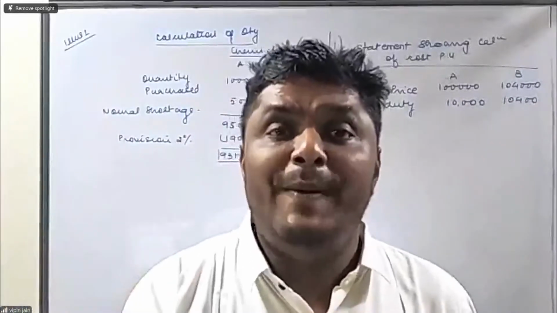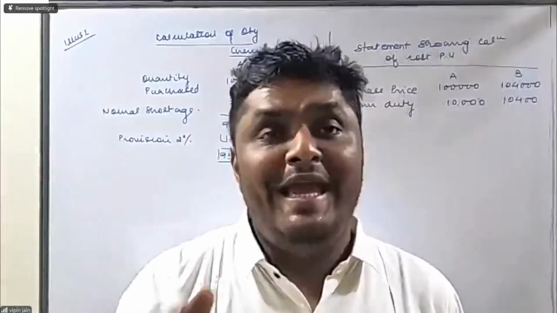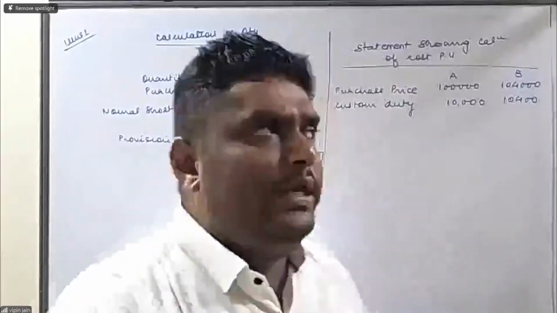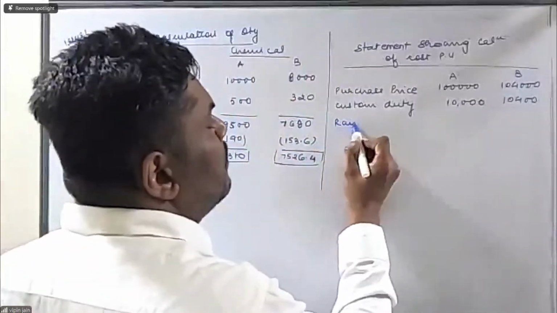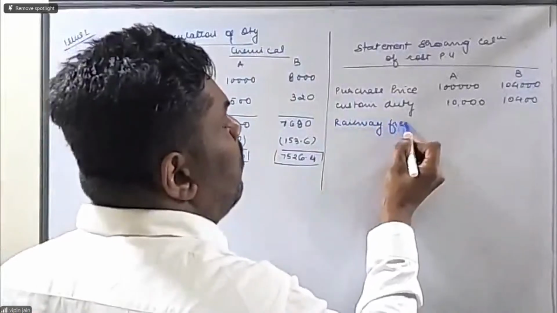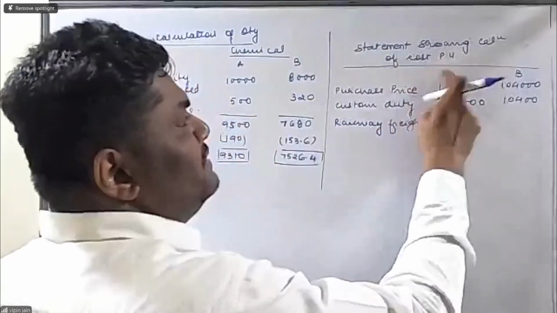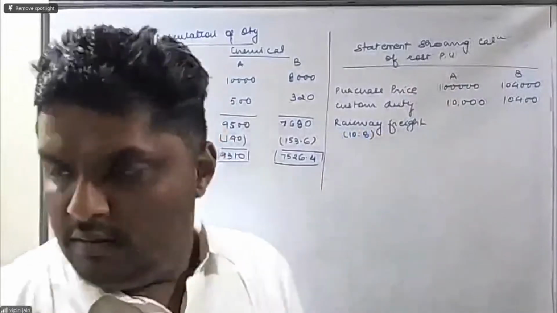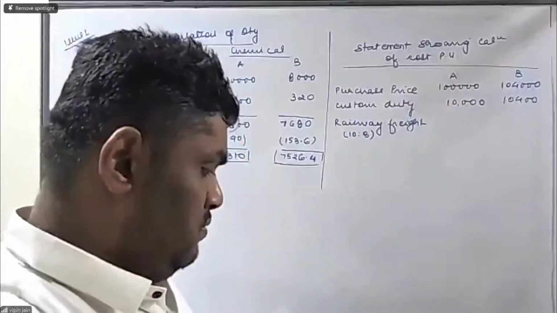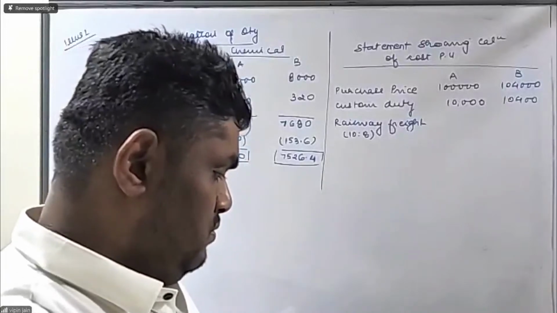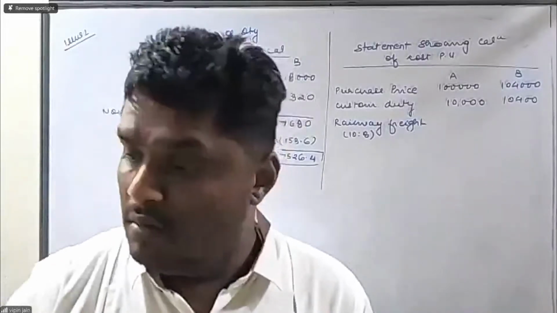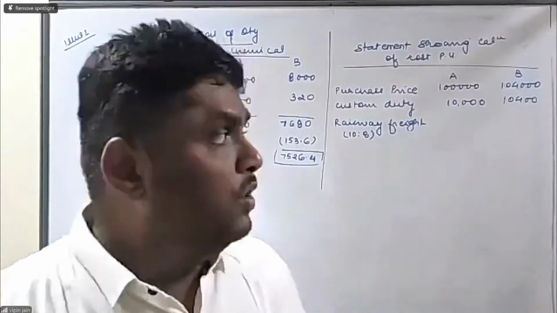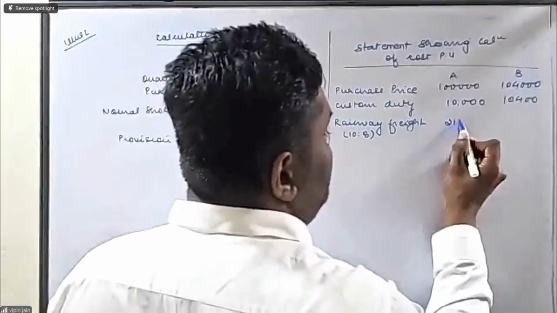On what is railway freight charged? On raw material purchase. So the aggregate fare is given, that is 3,840. We will distribute it in the ratio of quantity. It is 10,000 kgs and 8,000 kgs, so we have distributed it in the ratio of 10:8. So this will be 2,133.